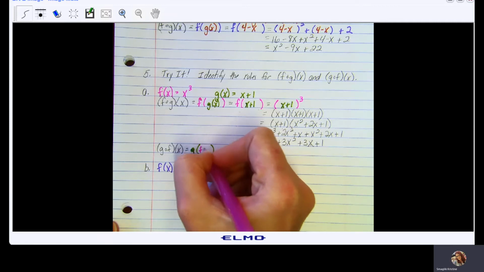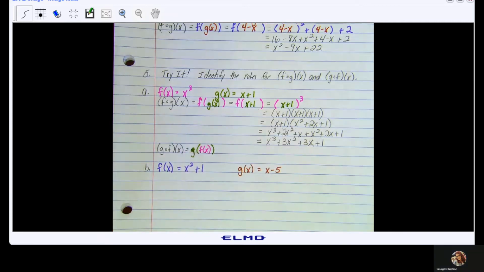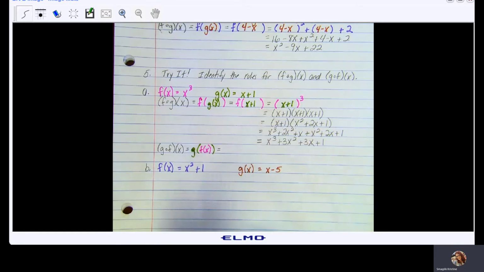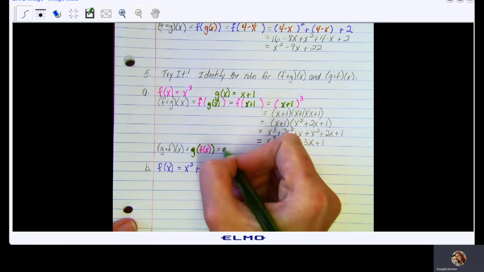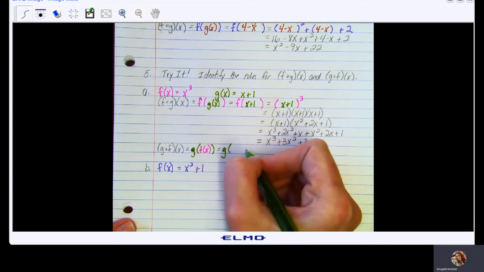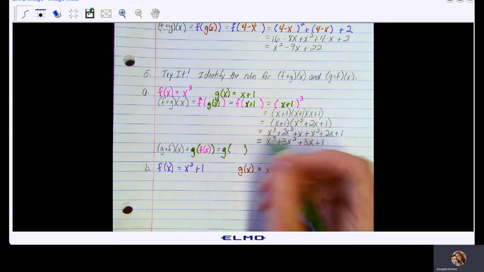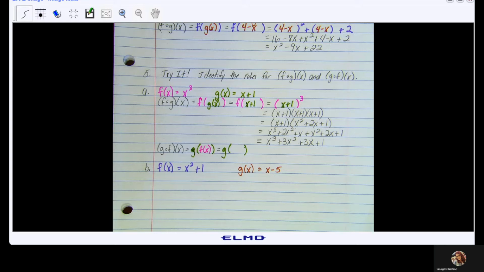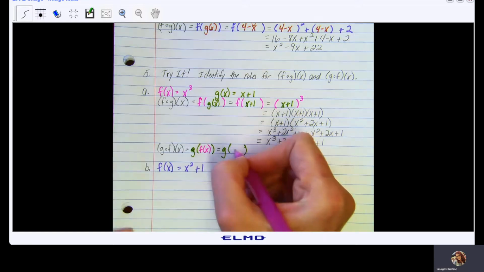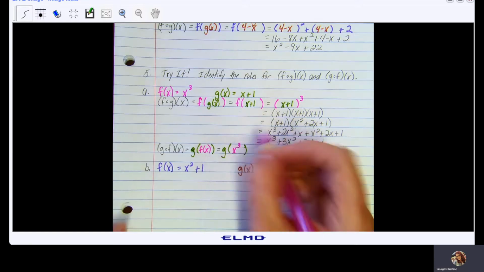And f of x is going to become our input. So g, let's put f of x in there. My input now is f of x, so I'm going to put in x cubed.